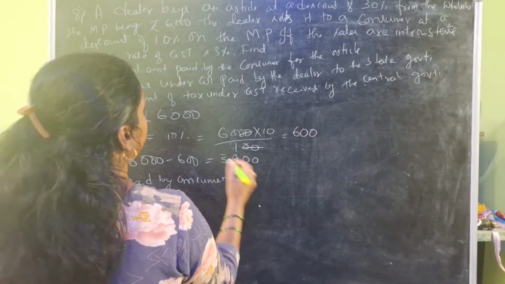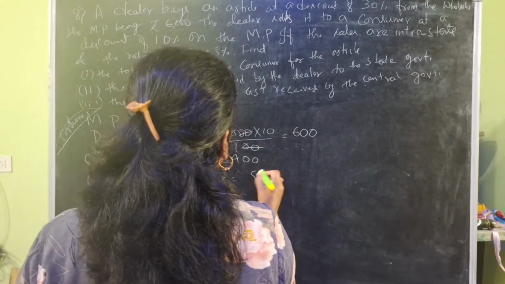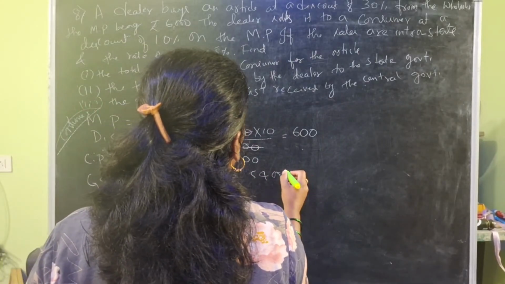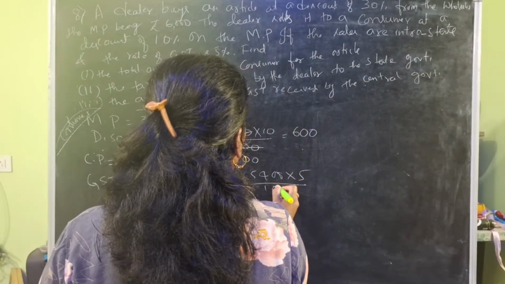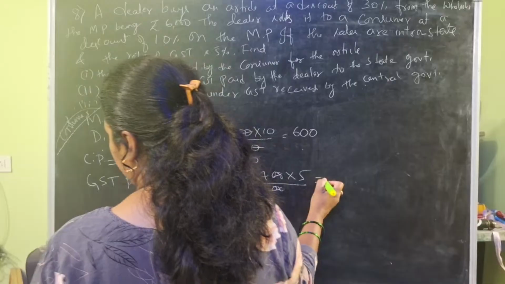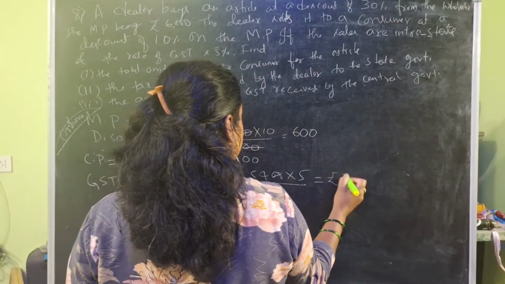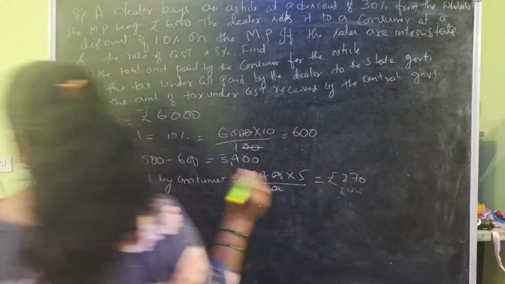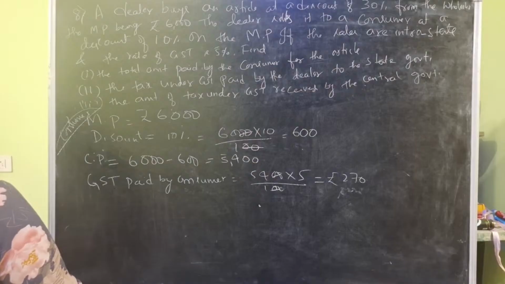And the GST paid by the consumer is equal to 5% of 5,400, that is 5,400 into 5 divided by 100, which is equal to rupees 270. This is the GST paid by the consumer.